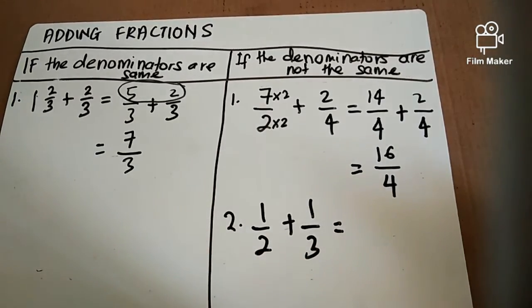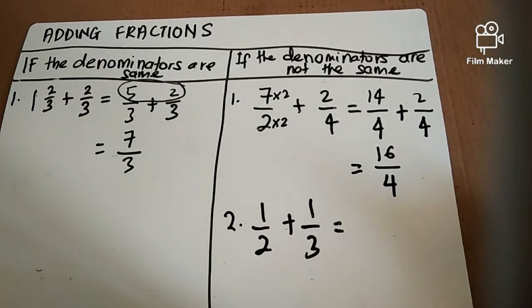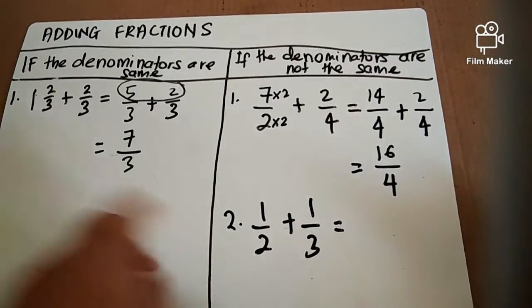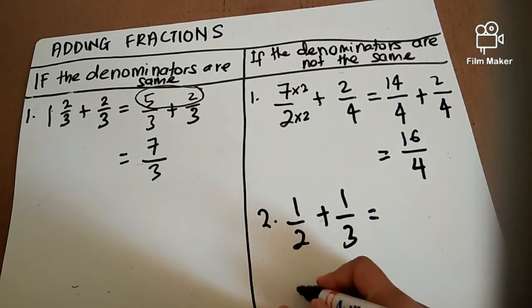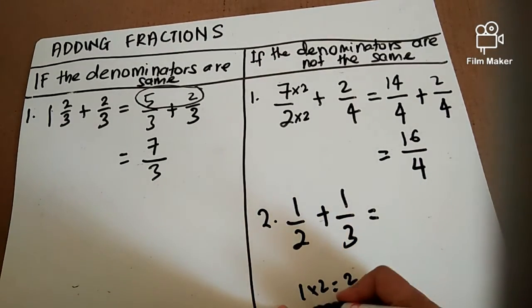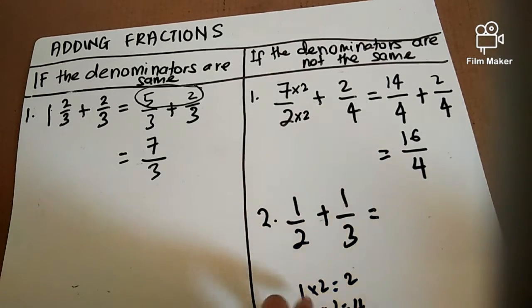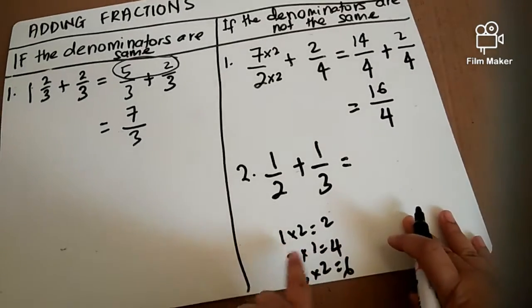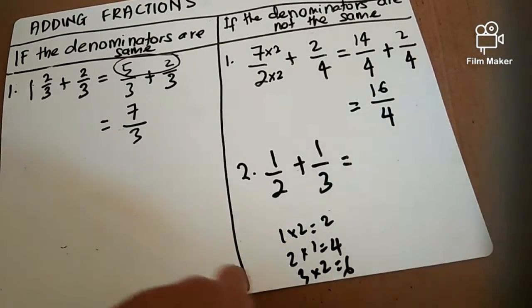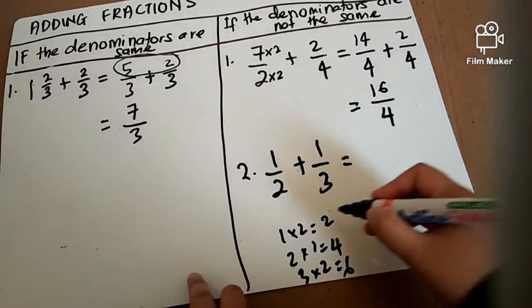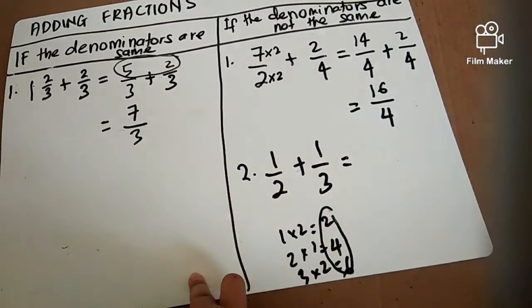No, there is no number in the multiplication table that you can multiply with 2 to make it equal to 3. So, for example, 1 times 2, 2. 2 times 2, 4. 3 times 2, 6. There's no 3 here. There's no 3 at all.